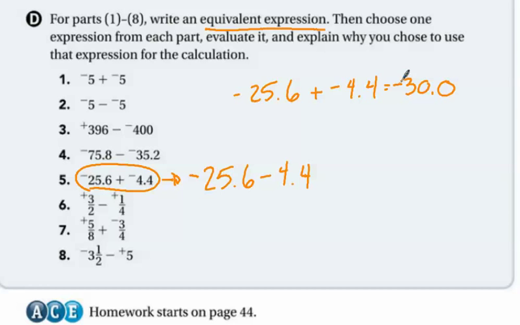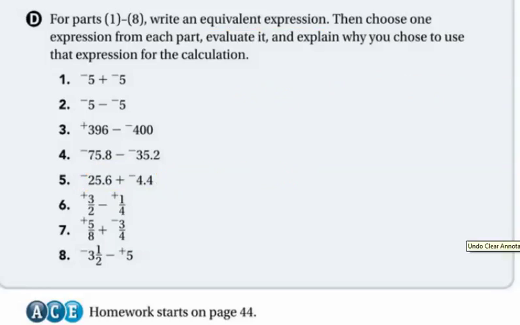I chose to use this expression over this expression because in my mind, this algorithm is a whole lot easier. They're the same sign. We're going to add them together and then keep the sign that was there, much like we did here.